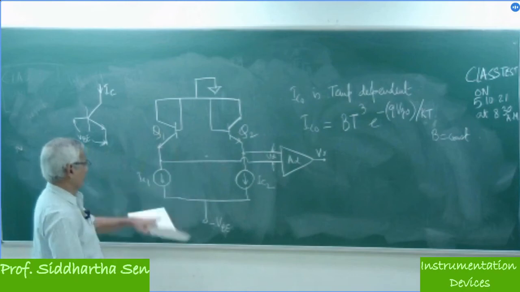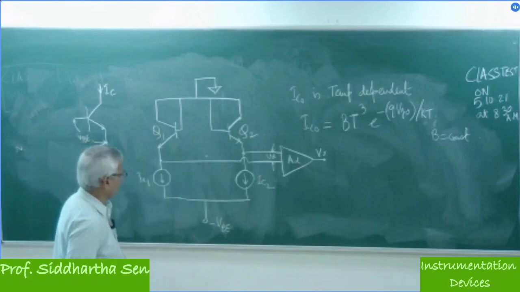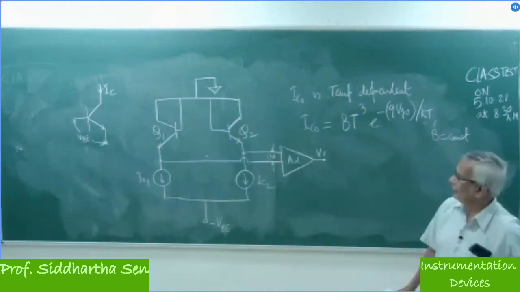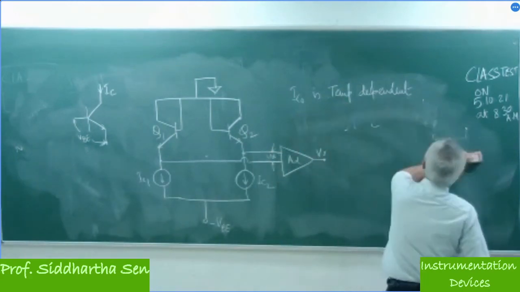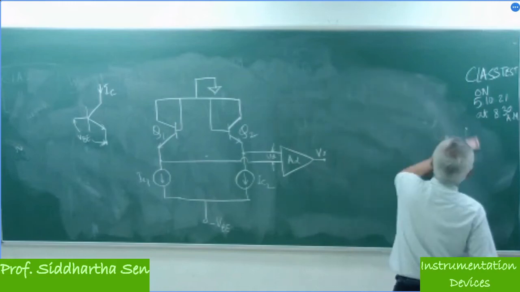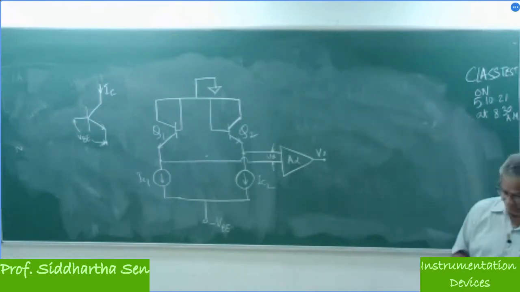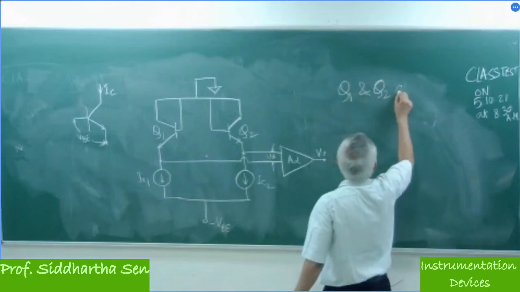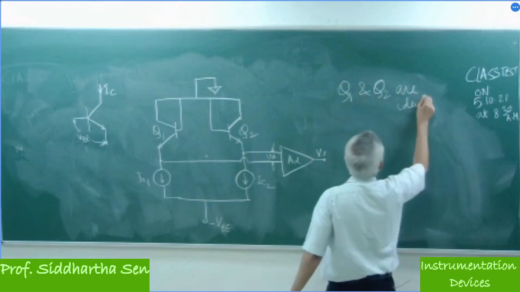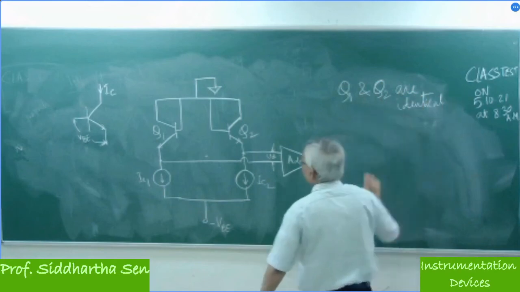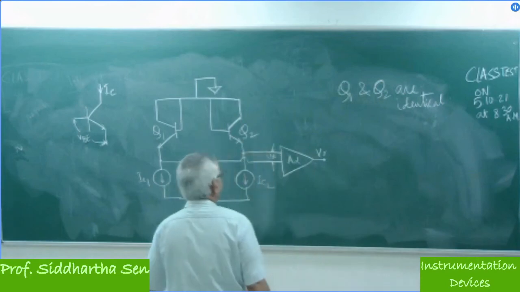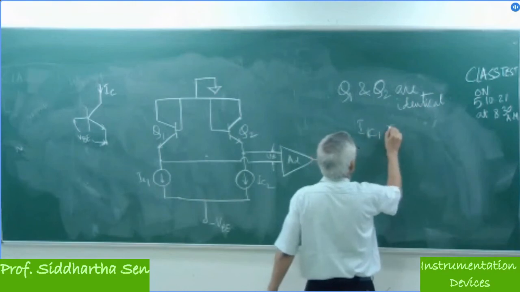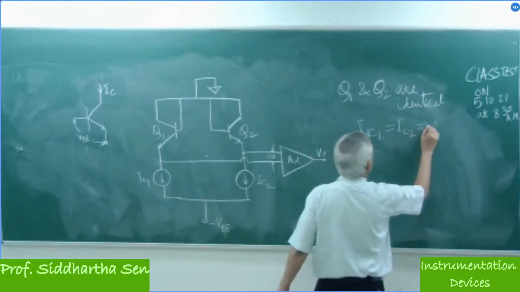They are connected by some constant current sources, IC1 and IC2. And we assume that they are chosen such that Q1 and Q2 are identical, and also IC1 and IC2 equal to IC.